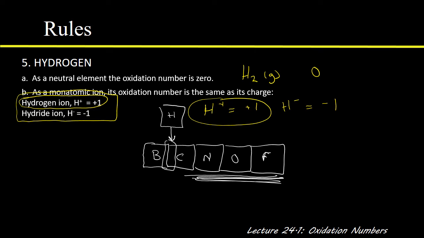Okay. If, however, hydrogen is bonding with something over here, which are the metals, and down here, the metalloids, then the hydrogen is going to be the most electronegative. And so the hydrogen would get its preferred anionic charge, which is -1. Okay, so let me put that rule up here.